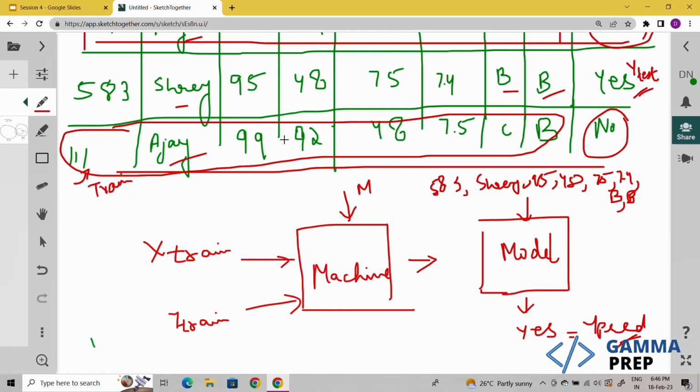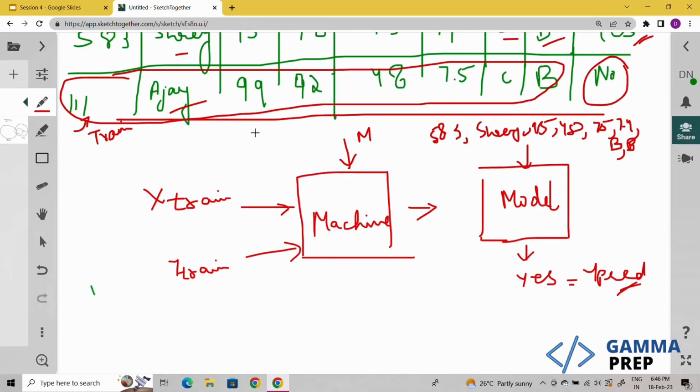So all Y test and Y predictions cannot match exactly. So you have to have some evaluation metrics to figure out how similar your Y test and Y predictions are. So basically, to evaluate the model, we have evaluation metrics, and they are going to be different for different models. Our evaluation metrics will decide whether our model is good or not.